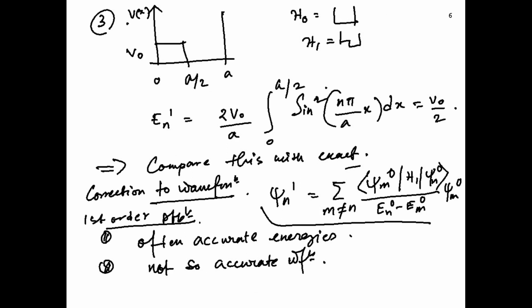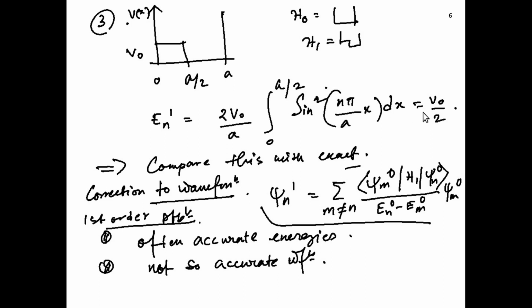Then example 3, in which half of the potential is lifted, again you can solve it very trivially, but the answer is not so trivial. Intuitively, probably this answer is not easy to guess. The answer you will get is that the energy correction is V naught by 2.